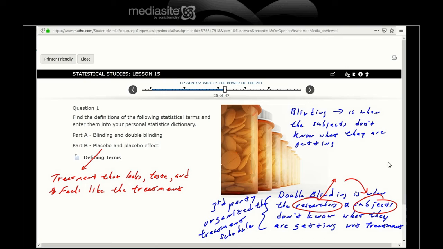So you're not going to make the placebo a blue pill the size of a horse pill, while the treatment is a little teeny tiny little tablet. Okay, so the placebo is a treatment that looks, tastes, and feels like the actual treatment.